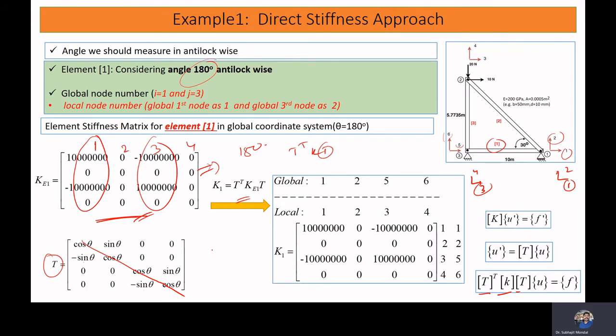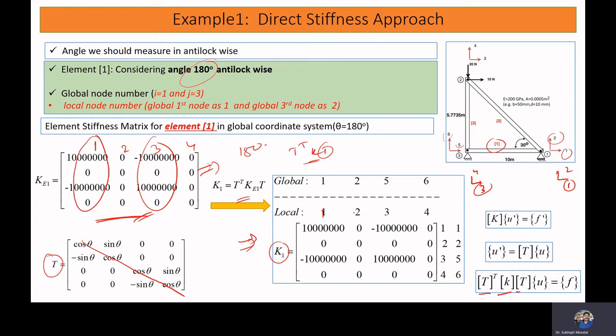If we know the T matrix, we can take its transpose and then compute T transpose kT. We can obtain the stiffness matrix in the global coordinate, not the global stiffness matrix: the stiffness matrix of the first element in a global coordinate system.